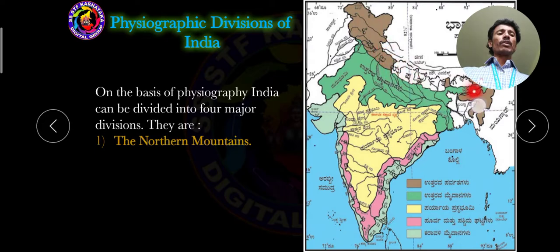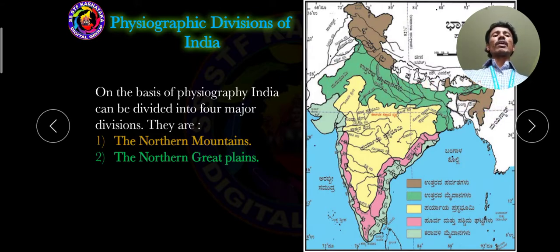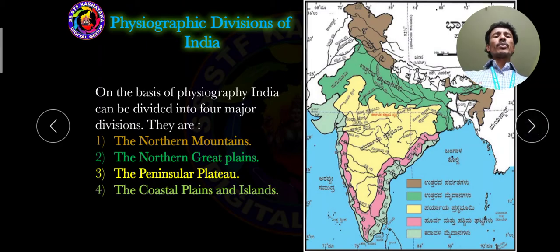See, these are the northern mountains. Then the second one is the northern Great Plains, the green color is available for that. And the Peninsular Plateau, see the yellow color, this we should consider for the Peninsular Plateau. Then the coastal plains, so here these are the coastal plains.